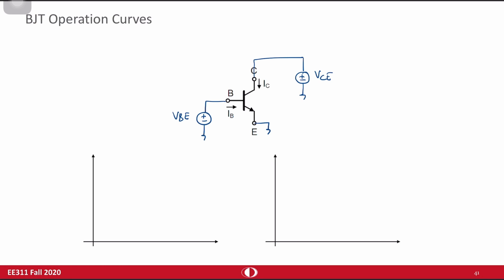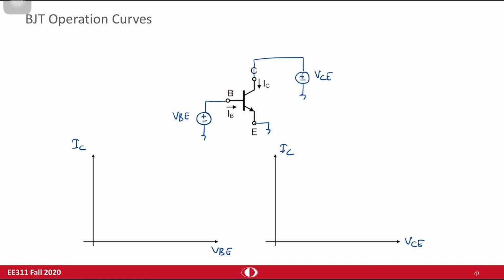We have two important curves. One of them is IC versus VBE. The other one is IC versus VCE. Remember, for MOSFET it was ID versus VDS, ID versus VGS. They are the same, but the subscripts and the notations are changed.